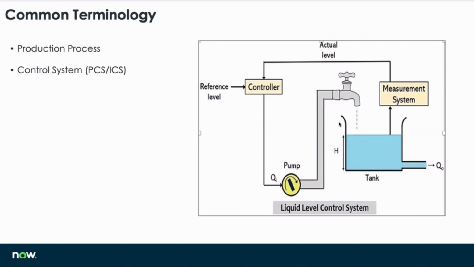Once the actual level matches the reference level, the controller takes a decision to push an action to the pump to switch it off, thereby controlling the flow. So you have the measuring piece, the sensing piece, then the controlling and decision making piece, and the actuating piece, which is the one on which the action is happening. This is a simple example of a liquid level control system.